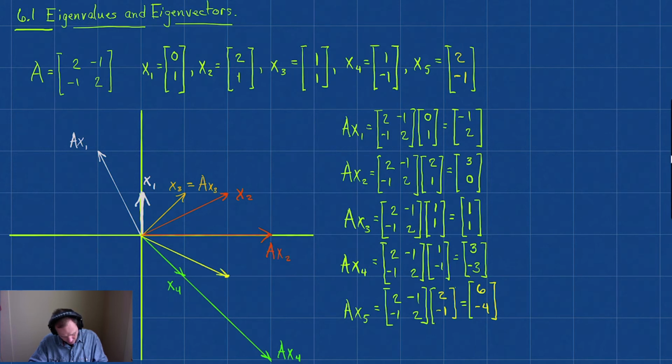And then (6, -4). Holy smokes. It's going to be below my screen, but let's just see what happens when I straighten out the line. Okay, there it is. Since it might be cut off, I'm going to write it down here, ax5.